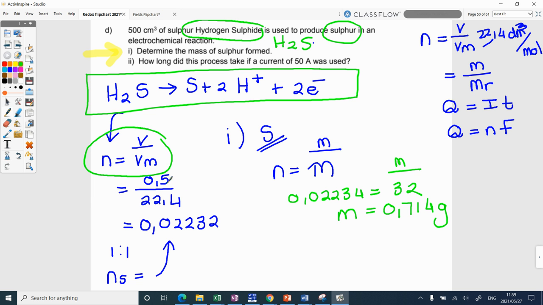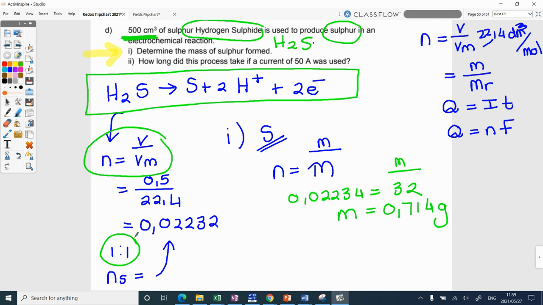Why did I use 0.5 here? Because I'm not allowed to use centimeters cubed, I use decimeters cubed. Please don't forget that in an exam. So you divide by 1,000, divide it by your 22.4, and I got 0.02232. Are you all with me up to there?